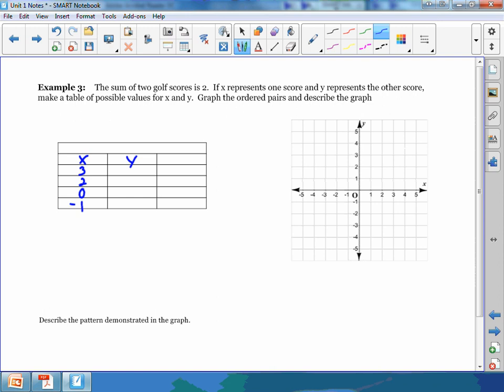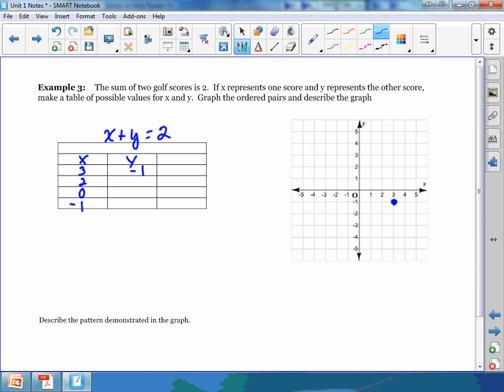Now we know that X plus Y has to equal 2. The sum of these two scores is 2. So if X is 3, what would I have to add to 3 to get me 2? -1, yes. So 3, -1 is one of the coordinates.